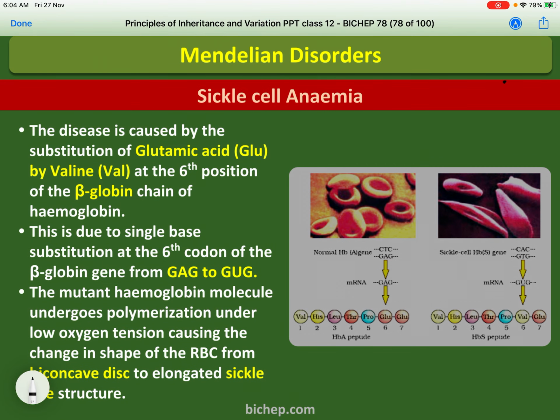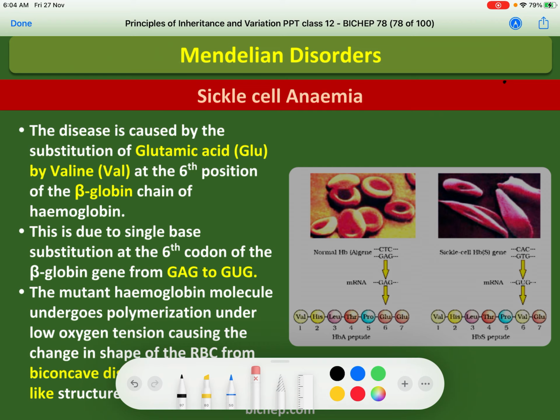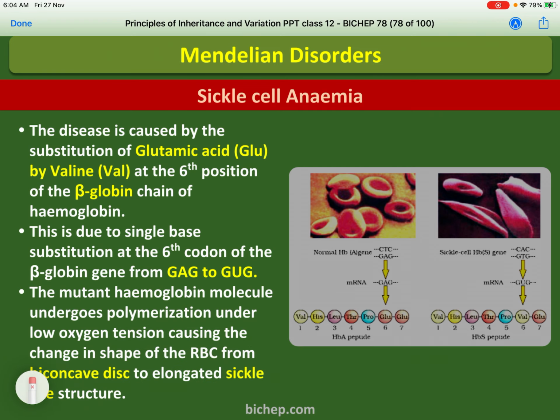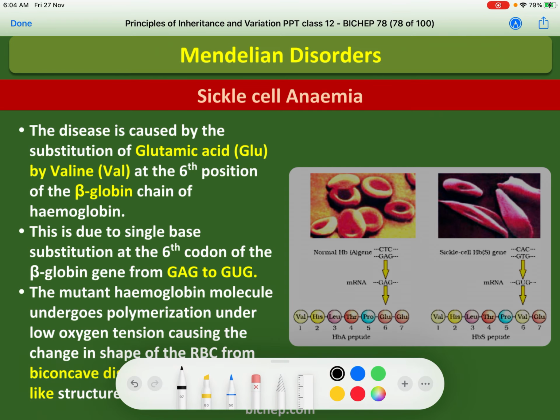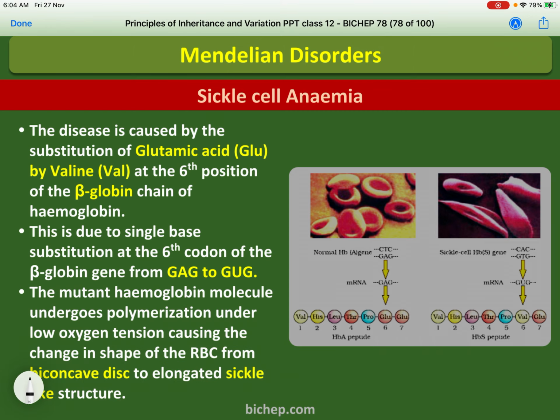Now, this disease is caused by the substitution of glutamic acid by valine at 6th position of beta globin chain of hemoglobin. Okay.